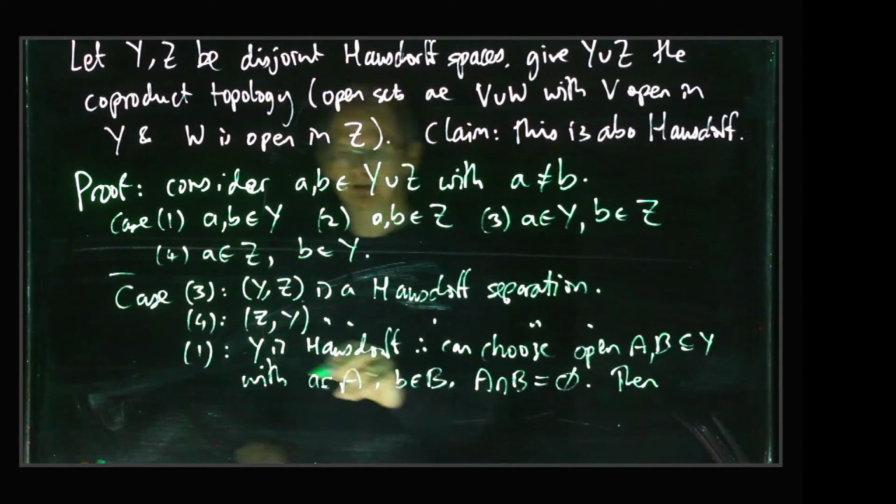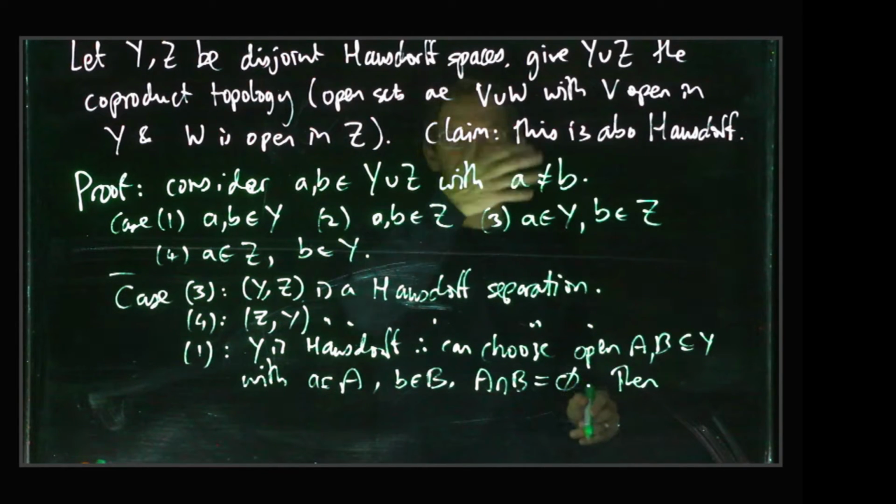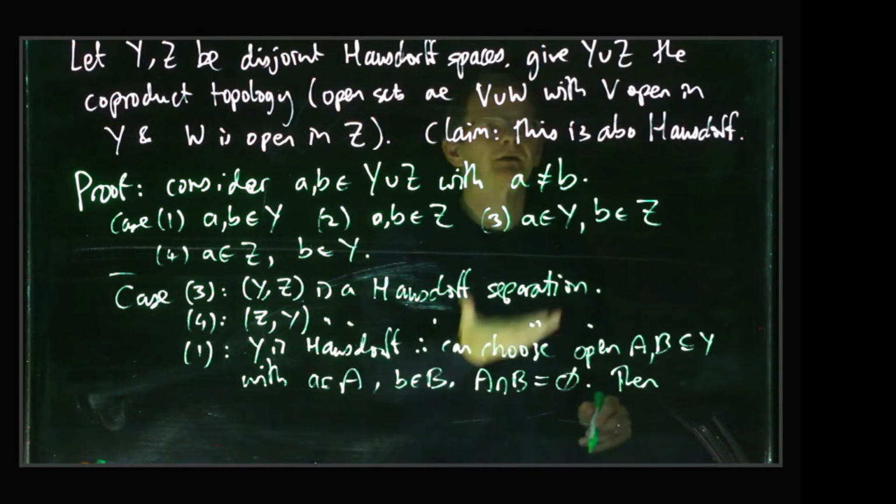Remember, A and B are open in Y, and A can be thought of as A union the empty set, so it's still open in Y union Z. Likewise B is B union the empty set.